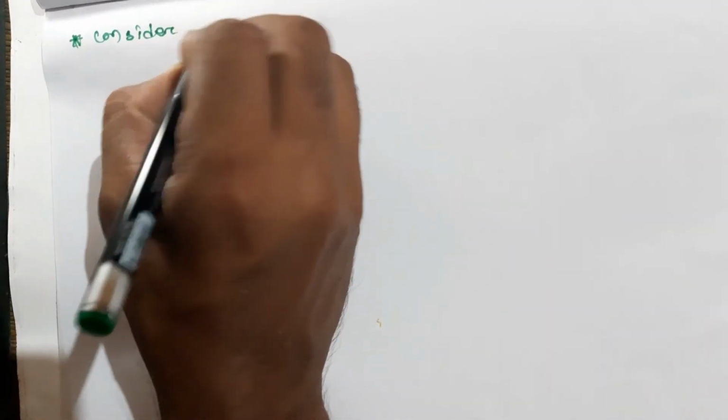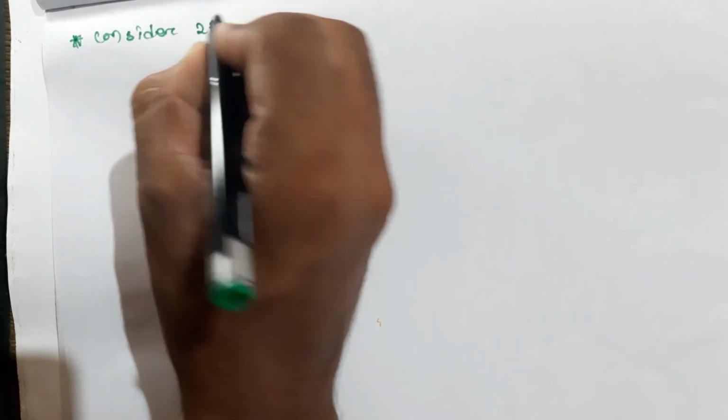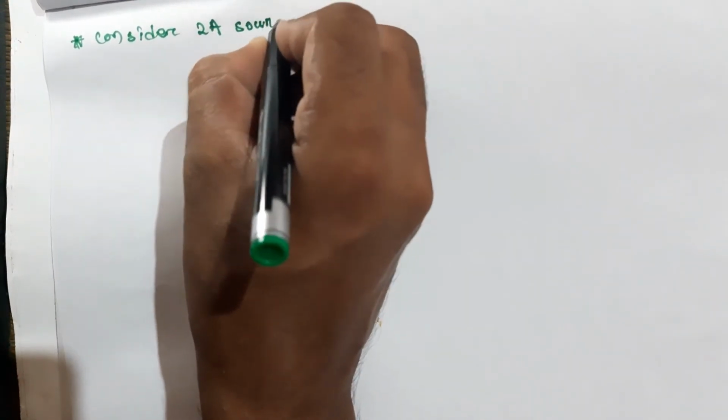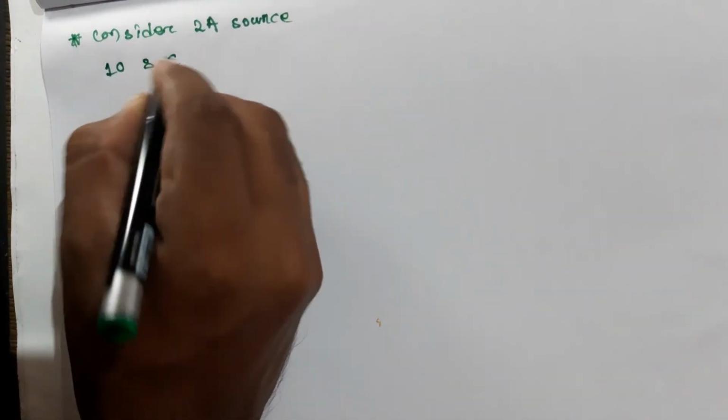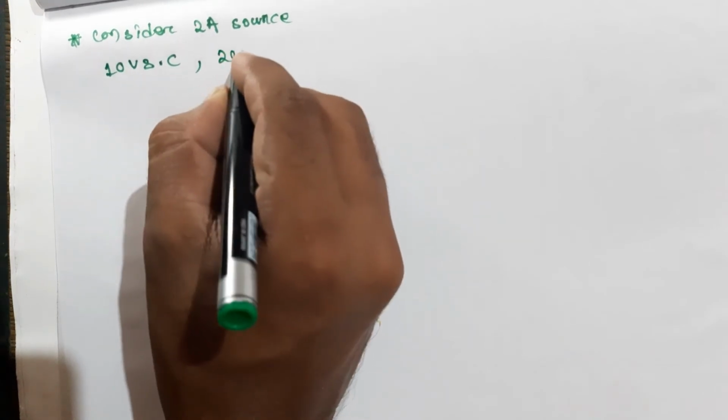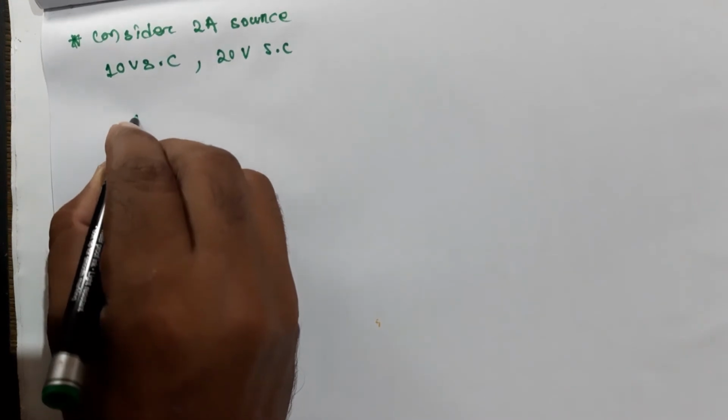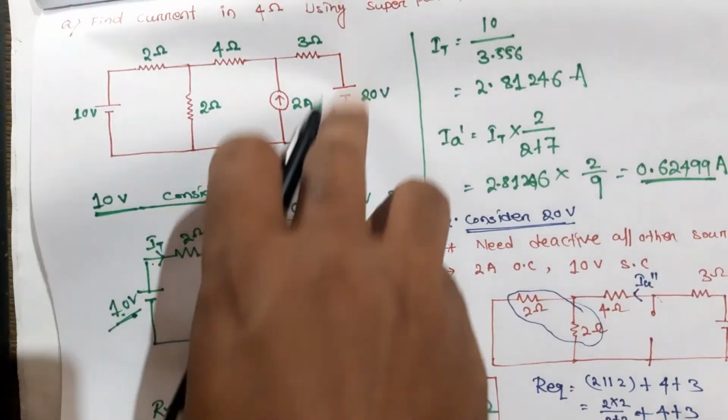Here I am going to consider the 2 ampere source, then the 10 volt is short circuited and the 20 volt is also short circuited. Here we are going to find the current in the 4 ohm resistor due to this 2 ampere source. You can see this is short circuited and this is short circuited.